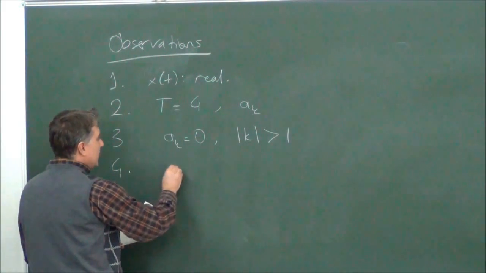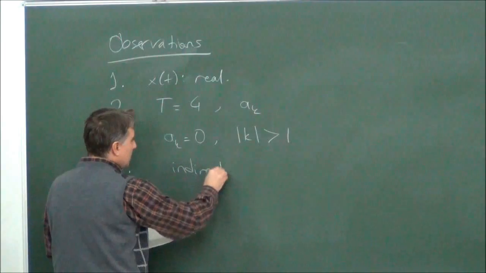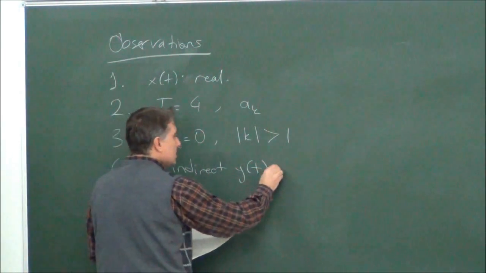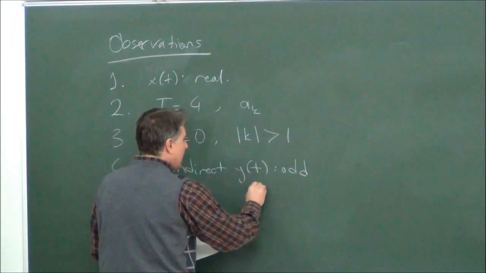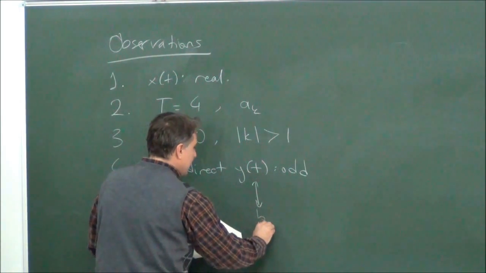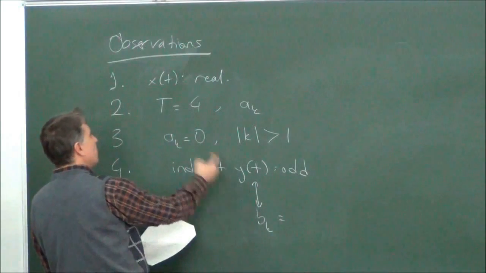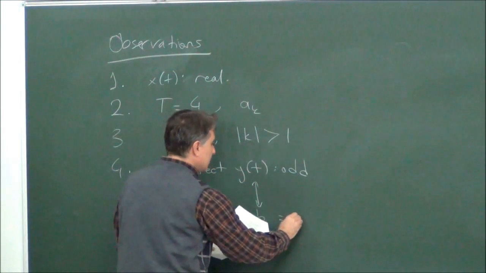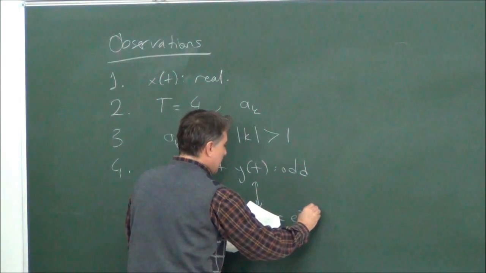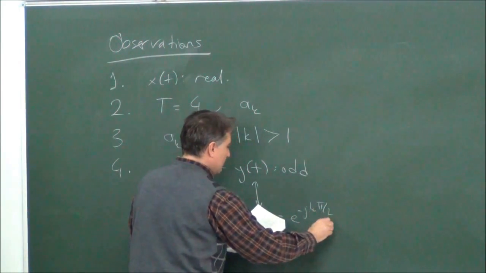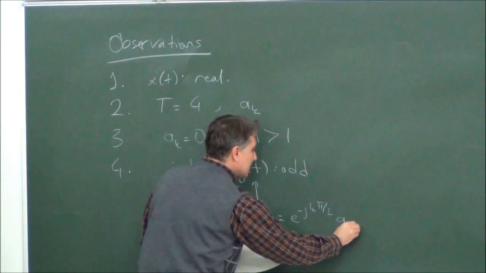And we observe an indirect y of t, which is odd, and its Fourier series coefficients are bk's, which is related with the Fourier series coefficients that you're looking for, ak's, like this. It is e to the minus j k pi over 2 times a minus k.